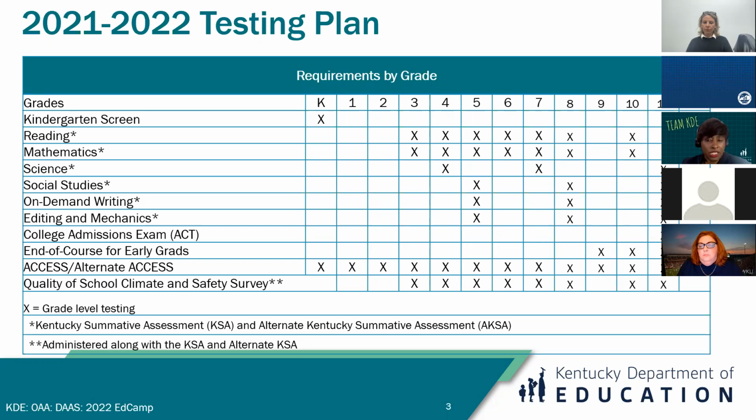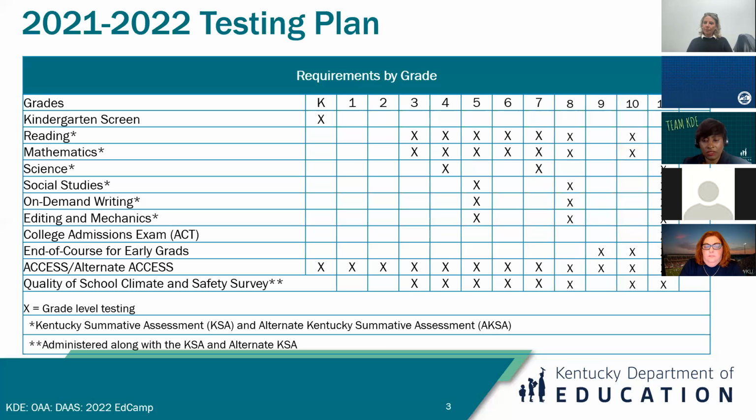As you know, reading and mathematics, which are federal requirements, are offered at grades 3 through 8 and 10. Science is given at grades 4, 7, and 11. Social studies, on-demand writing, and editing and mechanics are administered at grades 5, 8, and 11.